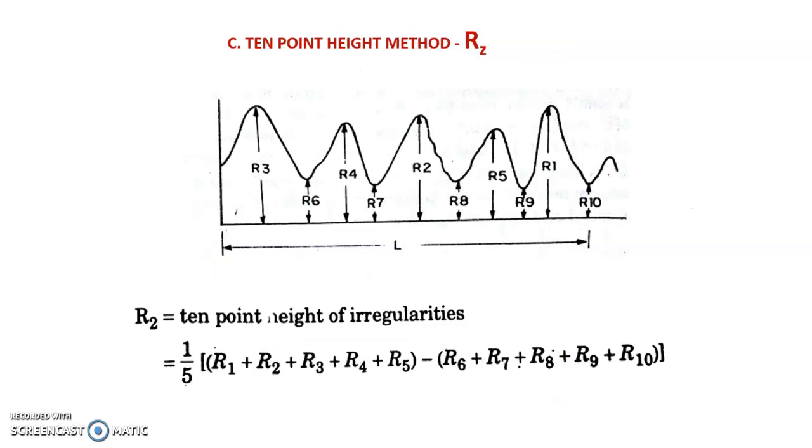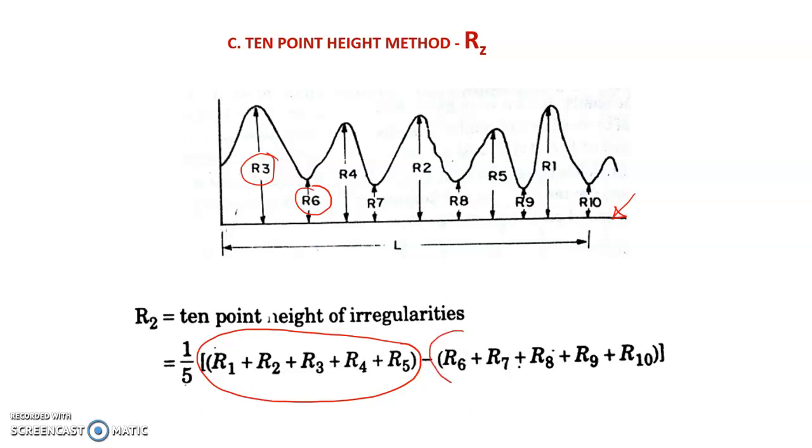In the 10-point height method, instead of constructing the center line, we construct a baseline or a data line from a distance, and the distances from the data line to the profile for all the peaks and all the valleys are measured. Then we choose the highest peaks as R1, R2, R3, R4 and R5, and the distances are recorded like this.